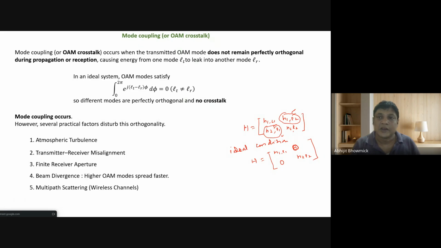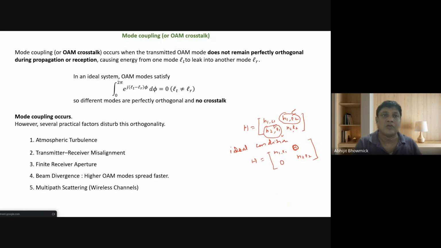That means user 2 information will create interference to user 1. Similarly, user 1 signal will create interference to user 2. So this is called mode coupling, and due to this, crosstalk occurs.